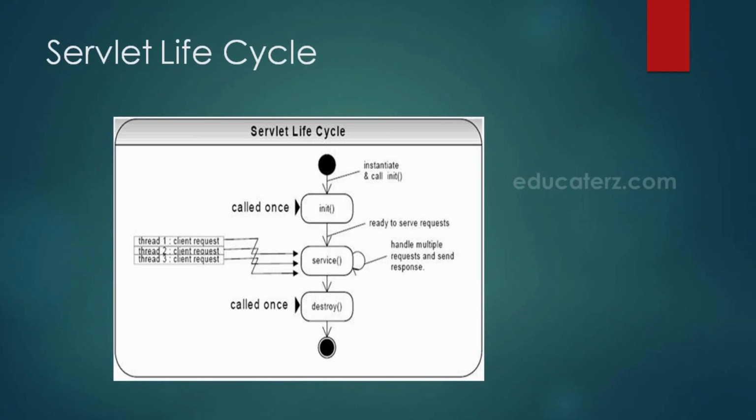So init, service and destroy methods are the lifecycle methods. The servlet engine calls them at the appropriate time. First, the servlet engine calls the init method soon after it has created the servlet instance. In the life of a servlet instance, the init method is called only once by the servlet engine, and that too implicitly. Just before the servlet instance is destroyed, that is garbage collected, the servlet engine calls the destroy method.